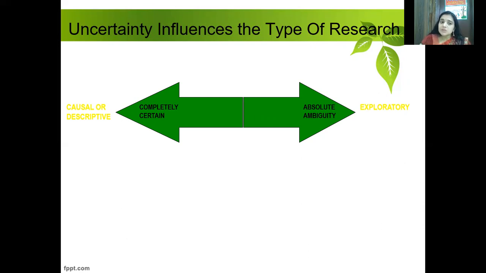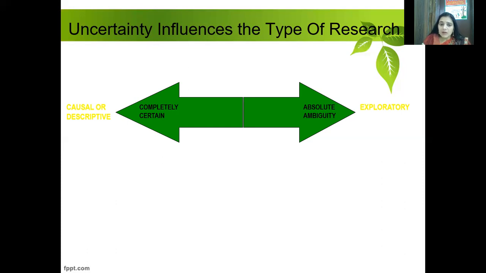If you are 100% certain about something and you just want to set up the relationship between two things, for example, how much advertising helps in sales, then you can conduct research when you need to know exactly how much to spend on advertisement so as to increase sales by 1%, 10%, 20%.